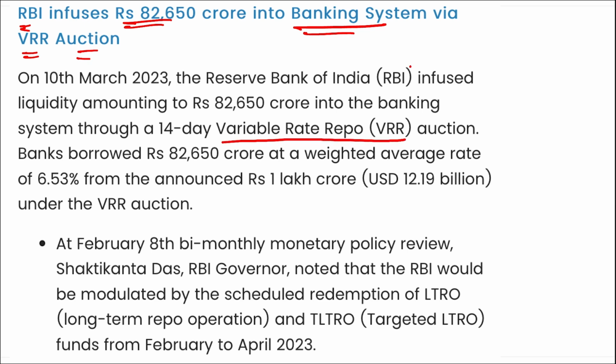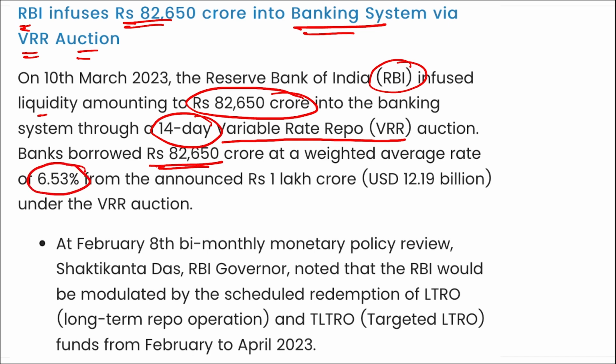So remember, recently RBI infused liquidity amounting to 82,650 crore rupees into the banking system through a 14-day variable repo rate auction. That means in this report we can say that banks have borrowed 82,650 crore rupees at a weighted average rate of 6.53% from the announced 1 lakh crore rupees under the VRR auction.